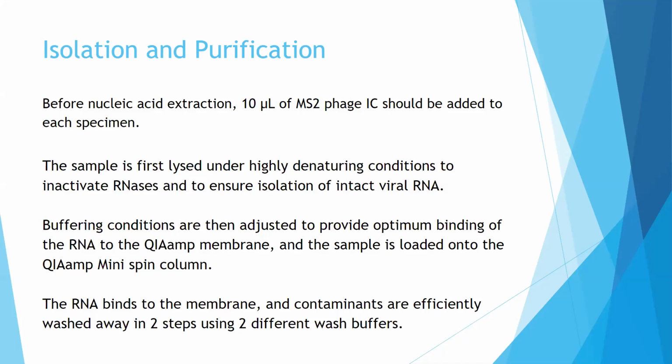The first step is to lyse the sample in order to inactivate RNases and ensure the isolation of viral intact RNA. Next, buffering conditions are adjusted to provide optimum binding of the RNA to the QIA membrane when the sample is loaded onto the spin column. The RNA binds to the membrane, and contaminants are efficiently washed away in 2 steps using different wash buffers.